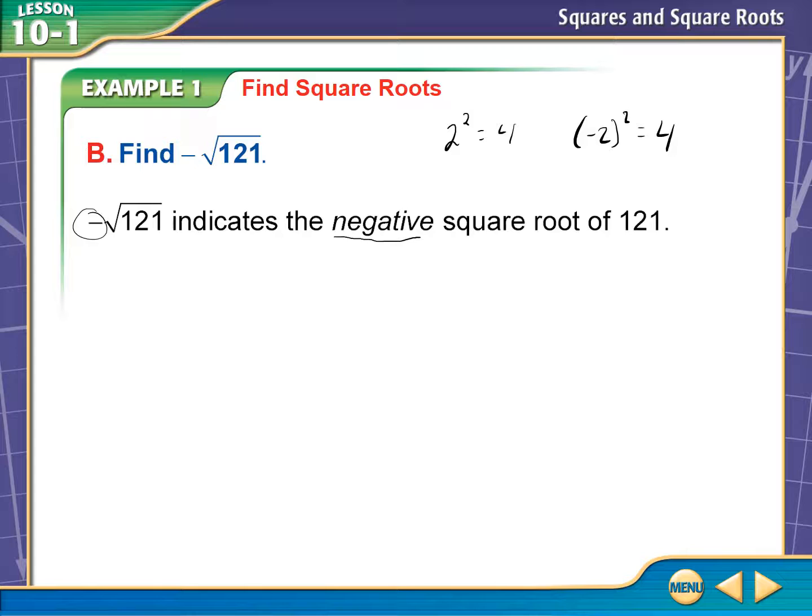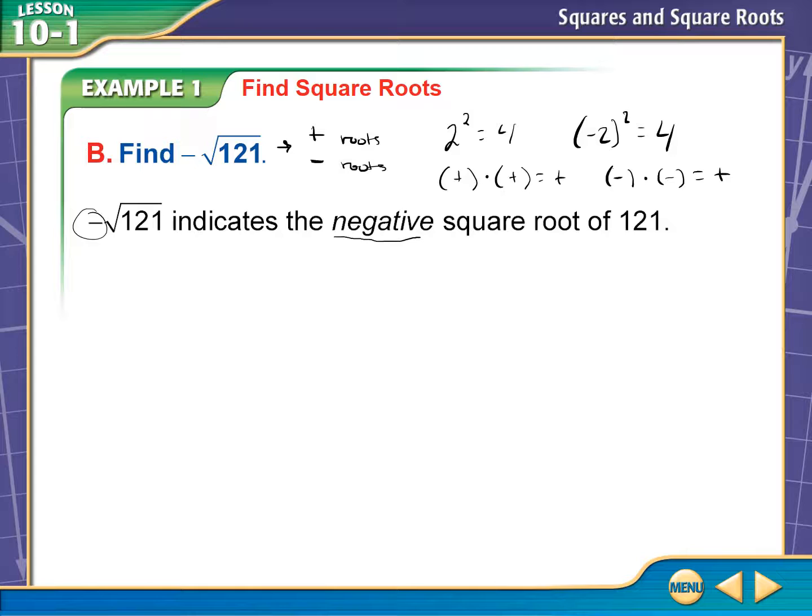So all square roots have both positive and negative roots. Every number has both a positive root and a negative root, because a positive times a positive is a positive number, as well as a negative times a negative also gets me a positive.